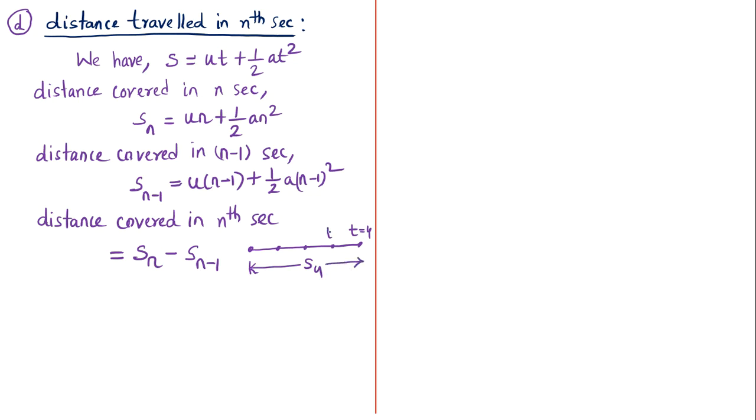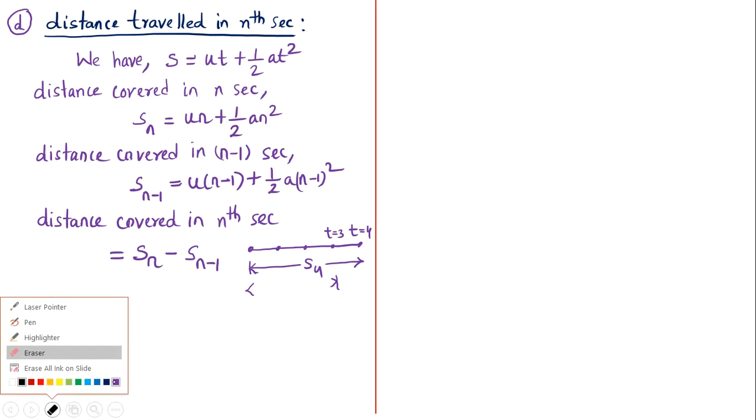And this is my t equal to 3. That means this is the distance traveled by the particle in 3 seconds. I can represent it like this.